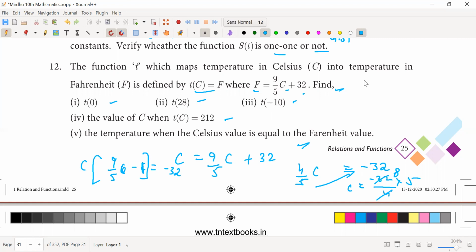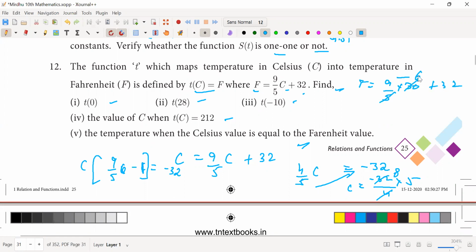What's the temperature now? 29 degrees Celsius. All right. So if I want to convert into Fahrenheit, F equal to 9 by 5 into 29. Let's take it as 30 for simple calculation. 6 times 9 is 54, plus 32, 86. Now it is 86 Fahrenheit.